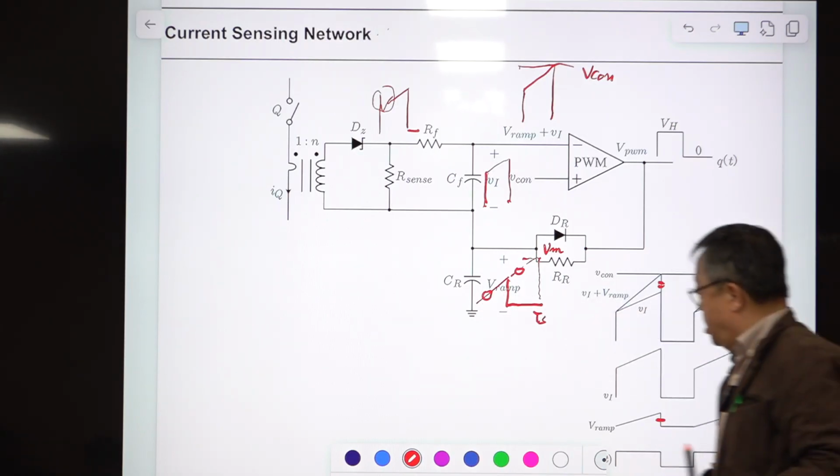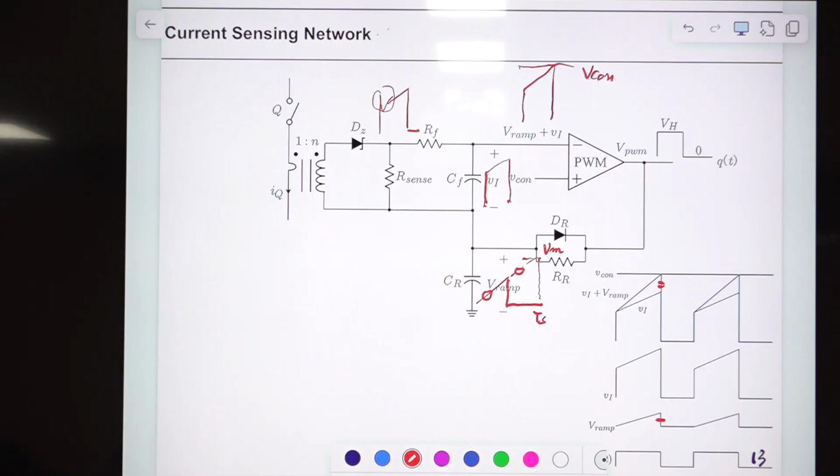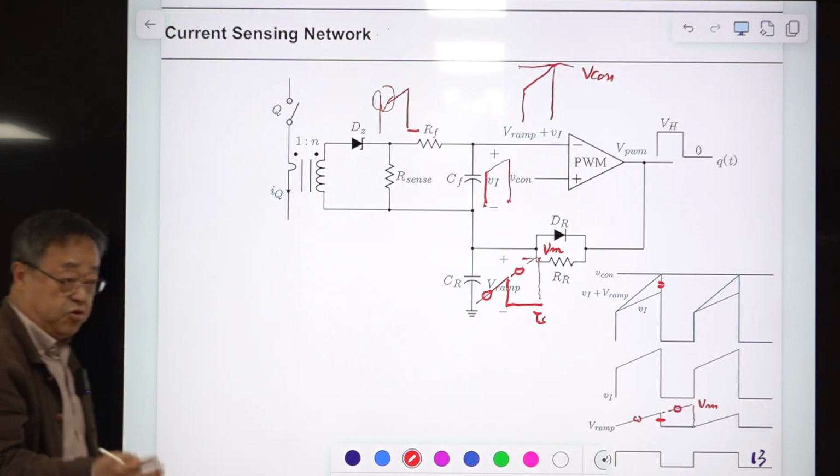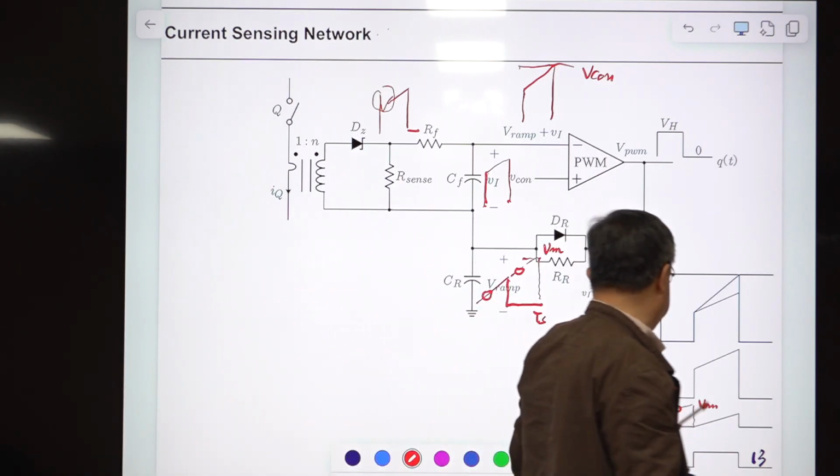But you should still consider this as extended when you are calculating VM, or you use the slope, the same slope. But if you use VM to calculate something, then you should use VM.